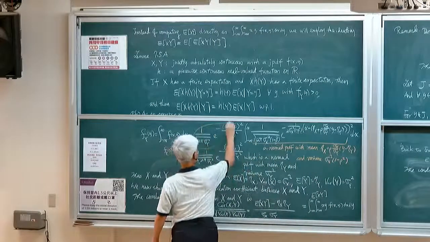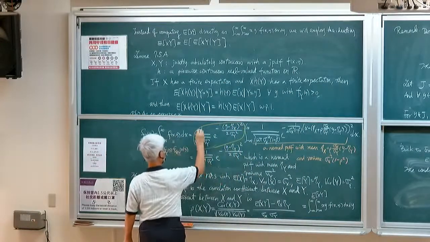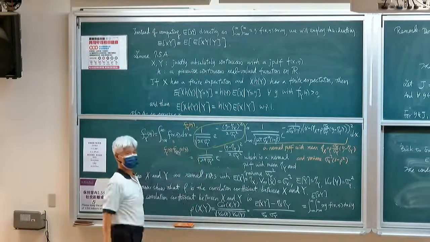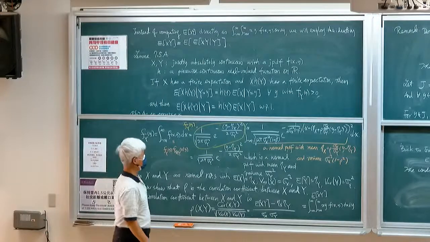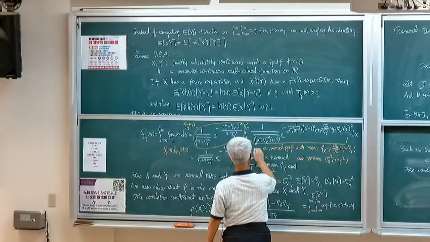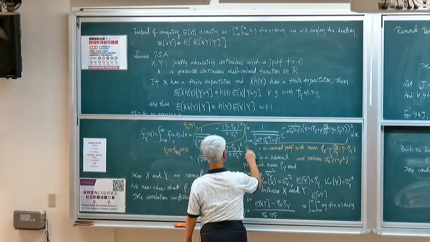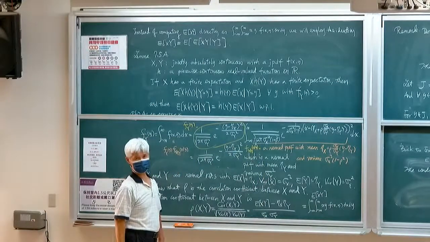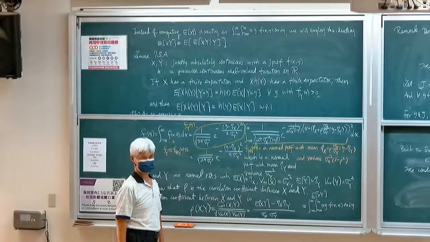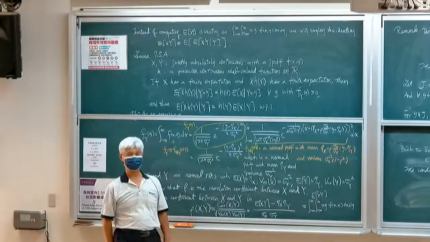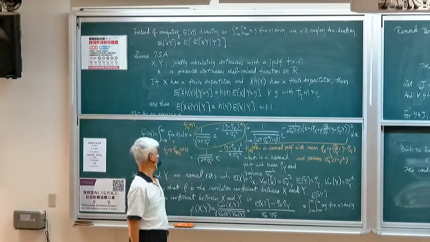We already know this is equal to the marginal PDF. So you can think about this normal PDF actually is equal to the conditional PDF of x given y. Can you see that?